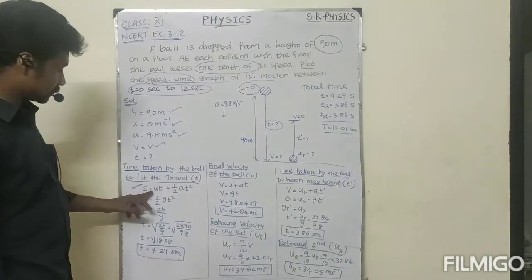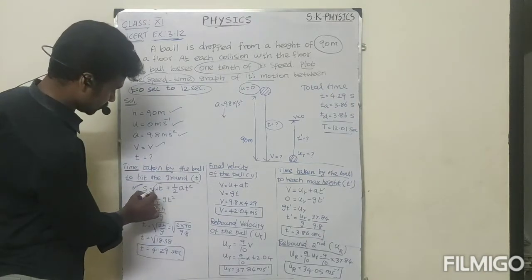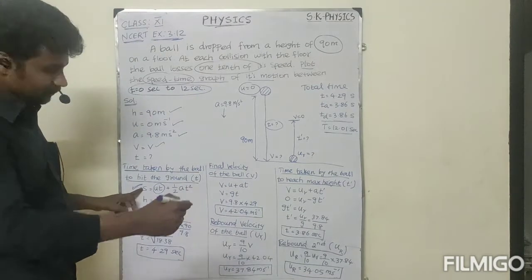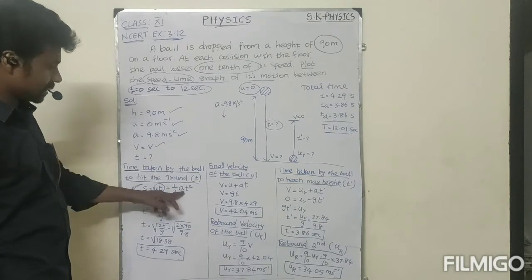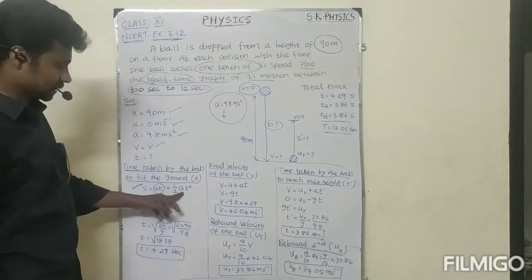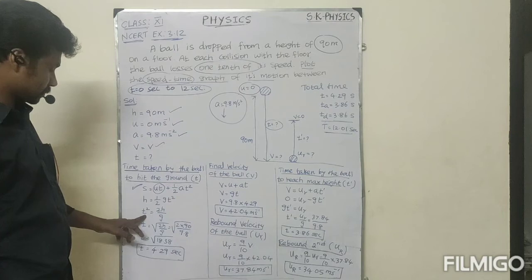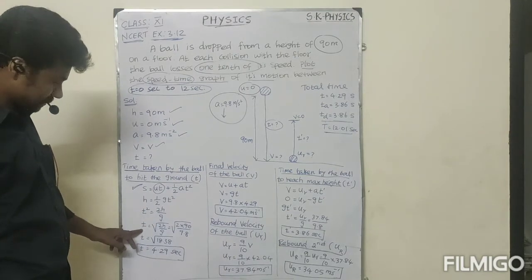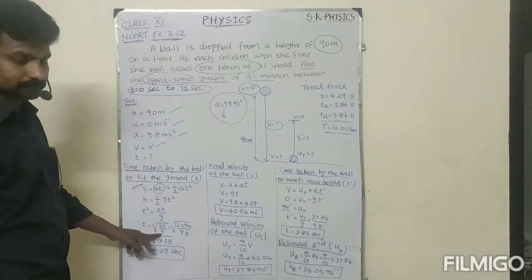Initial velocity is 0, so this term becomes 0. S is the distance covered, that is the height, equal to 1 by 2 g t square. Therefore t square equals 2h divided by g, therefore t equals square root of 2h divided by g.